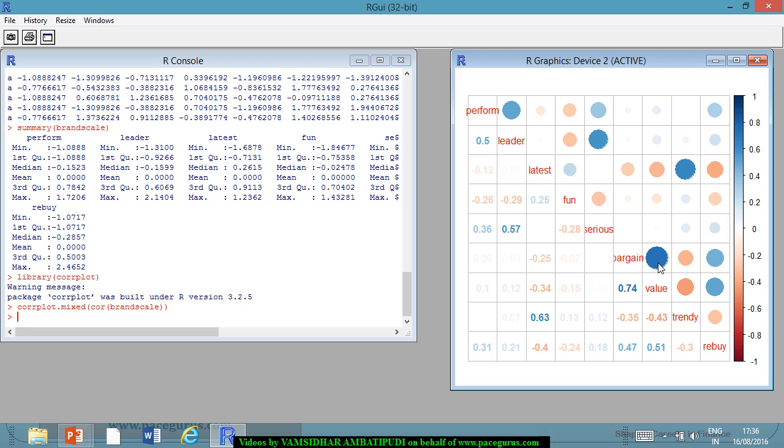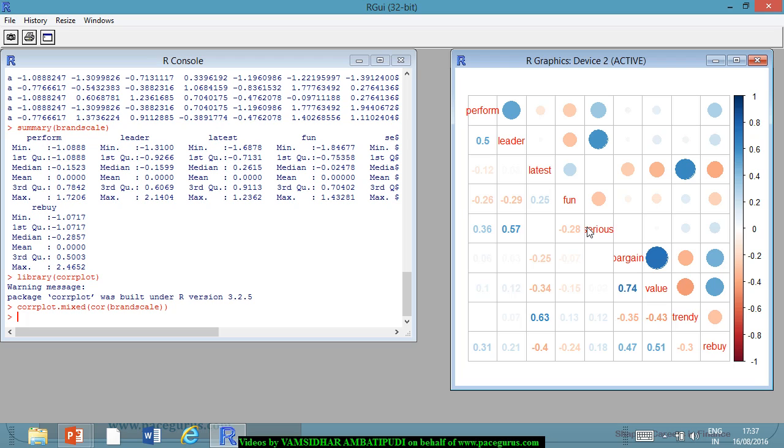These are all looking highly positive, whereas value versus trendy is looking negative. The red ones are on the negative side. This is how the correlation is typically coming out. Some of them are more and more similar, and some of them are quite different from the rest.